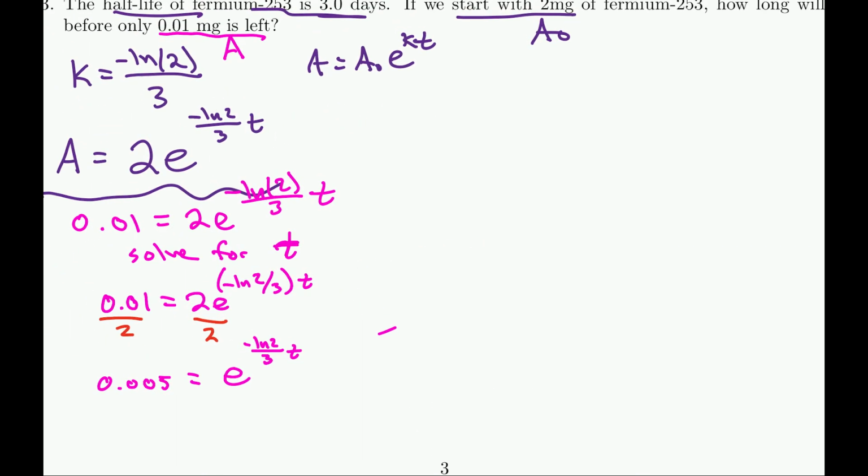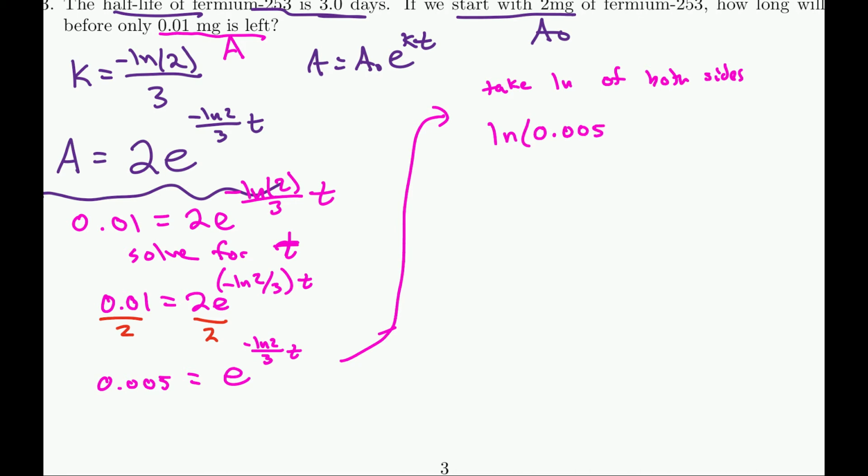Then to get to the t, you need to undo an exponential e. The way to get rid of an exponential we have already talked about. We should take ln of both sides. So you're going to get ln 0.005 equals ln e to the negative ln2 over 3 t.